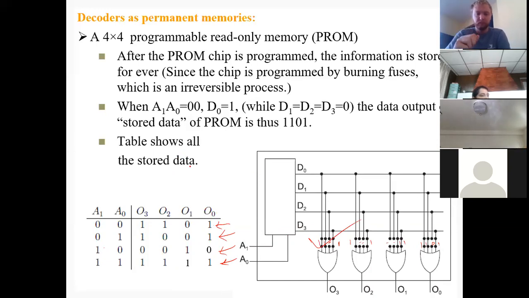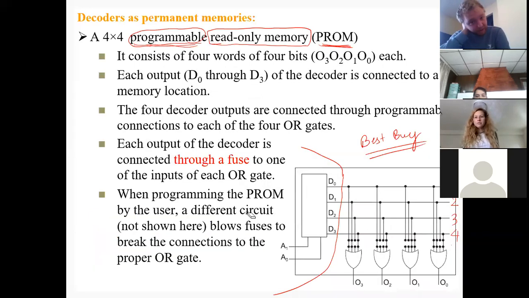Question? I'm ready to answer your question now. So those OR gates, they come originally with those leads missing, like those gaps? No, they don't. Or do you program that? Yes, that's what we do. That's a very good question. These are called programmable connections. So the 4 decoder outputs are connected through programmable connections.